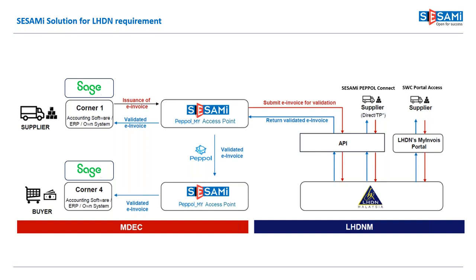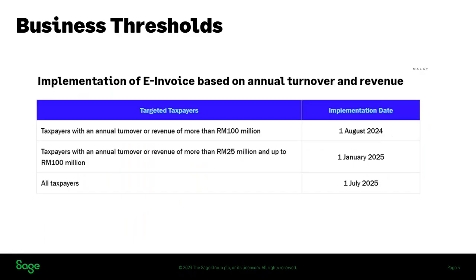One of the things with e-invoicing is that there are business thresholds. As an example, for this August 1st deadline, it's organizations that have a revenue turnover of 100 million ringgit or above. The next phase is for folks between 25 million and 100 million ringgit. That happens at the beginning of the new year.